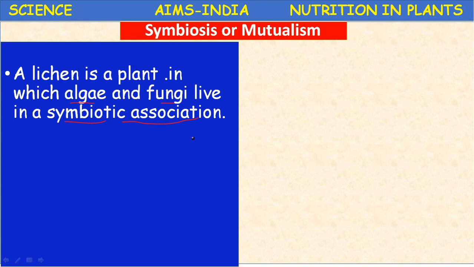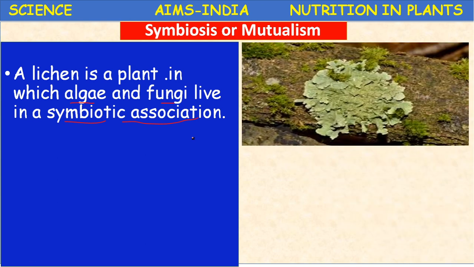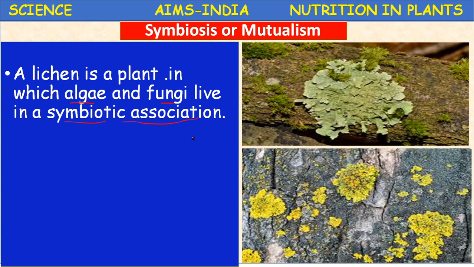Lichen is equal to alga plus fungi. Okay, that is the equation. See here, this is one type of lichen, and this is one type of lichen which is growing on the stones and crevices of the seashore, meaning the large stones having some gaps in between, so that due to water currents the rocks get weathered.